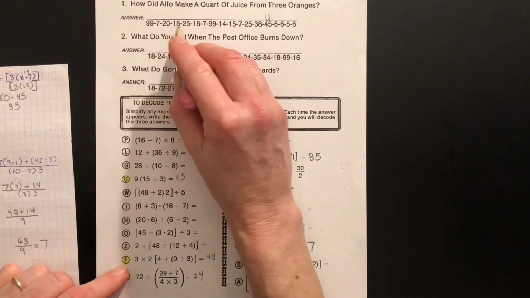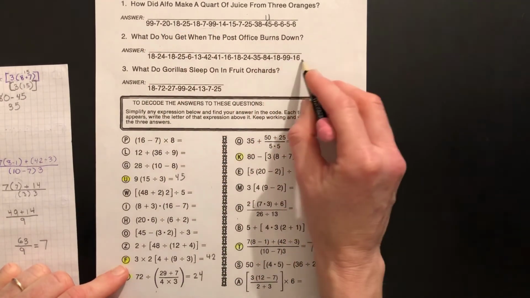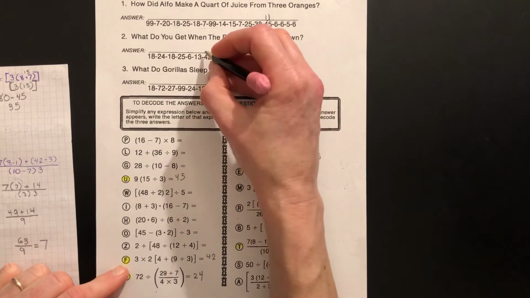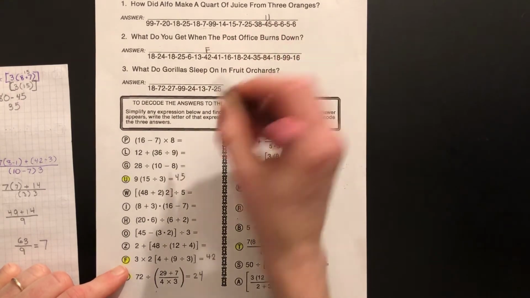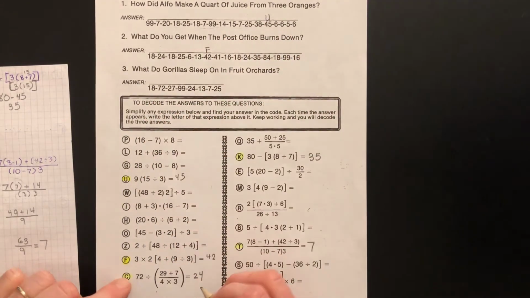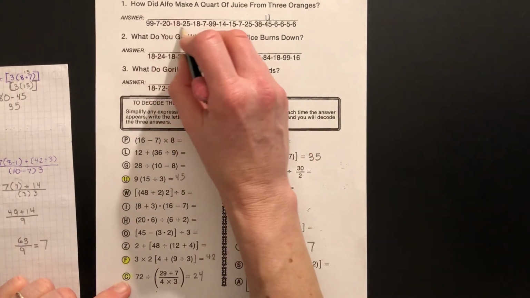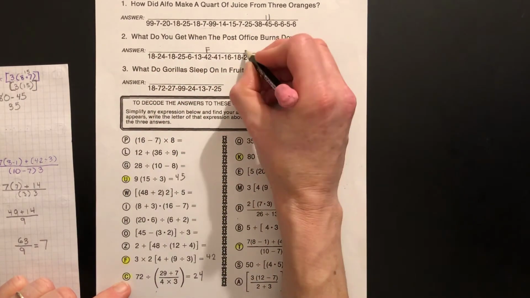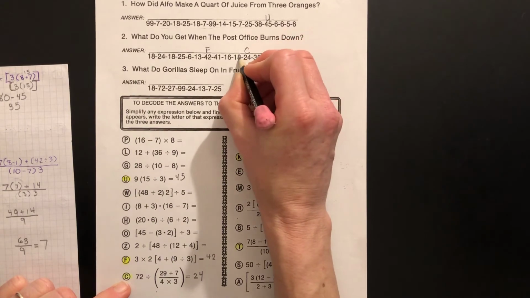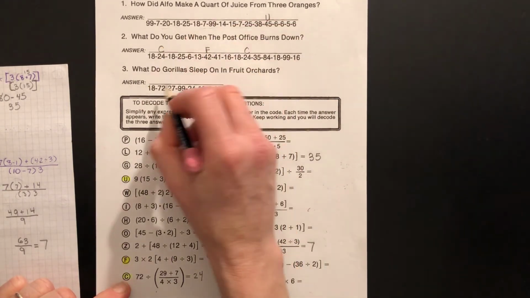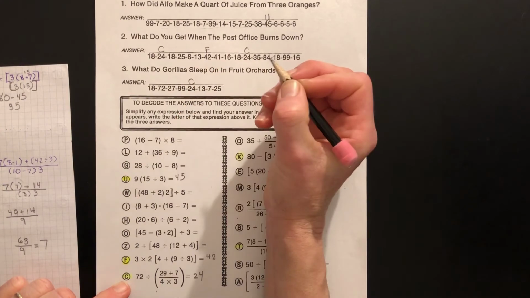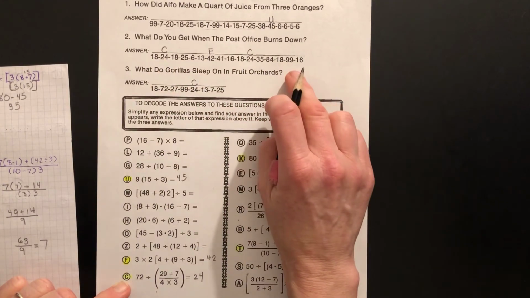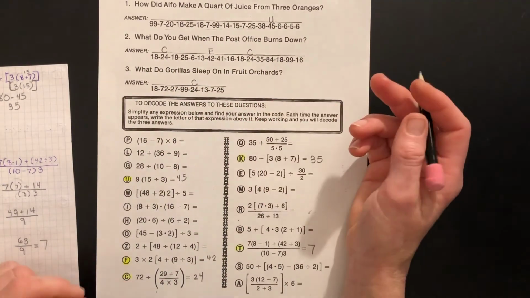So 42. Okay. C is 24. Ah, finally another one. Oh, we got several C's. Okay, I don't think I missed any, but can't guarantee it.